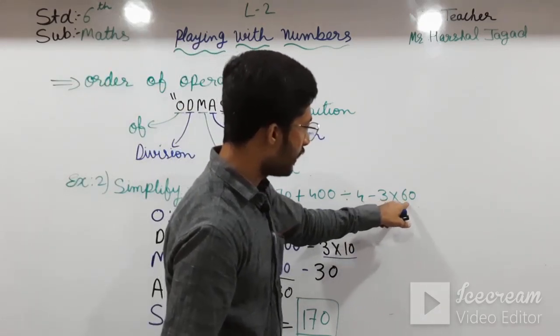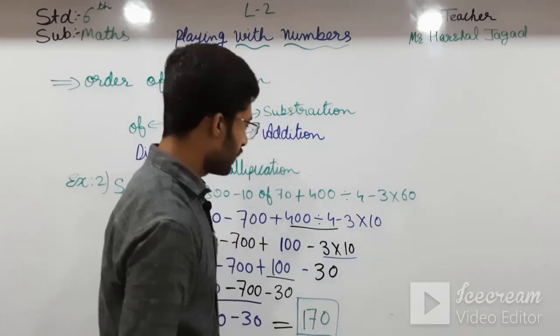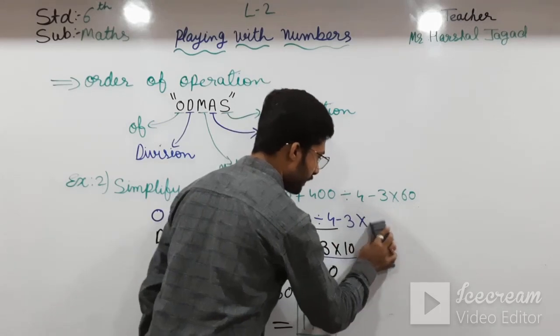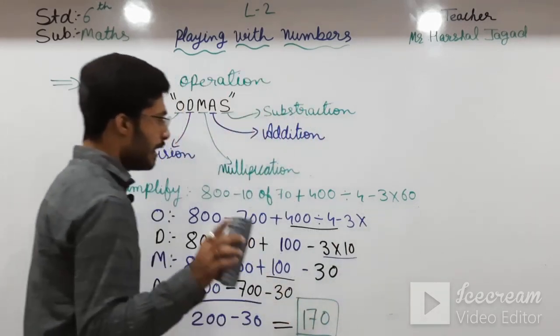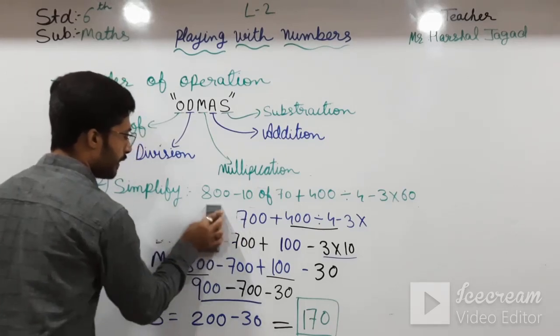It is 3 into 60. I have written here 3 into 10. So, students, here there is a mistake. So, here is 60. Let us solve it again. Okay, students, let us solve this again.